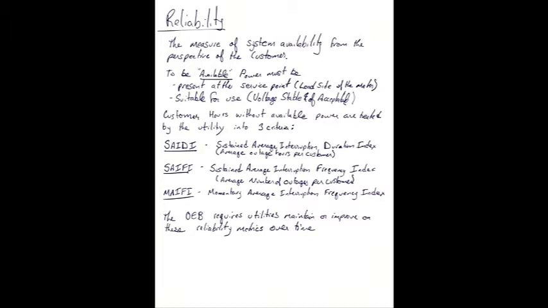And so we have 3 metrics. We've got our SAIDI, which is a duration index. Our SAIFI, which is a frequency index. And both of these are for sustained outages, where a sustained outage is greater than 60 seconds. If the outage is less than that, we don't consider it an outage, we consider it a momentary interruption.